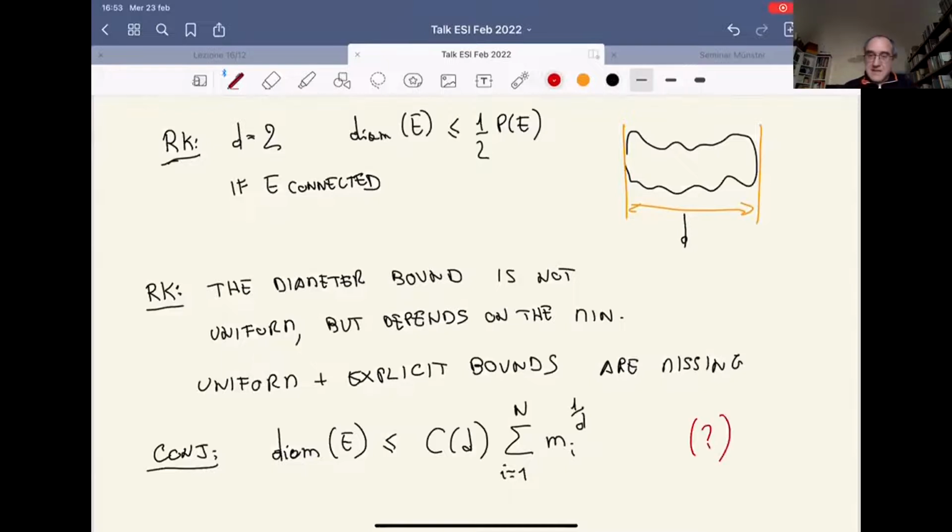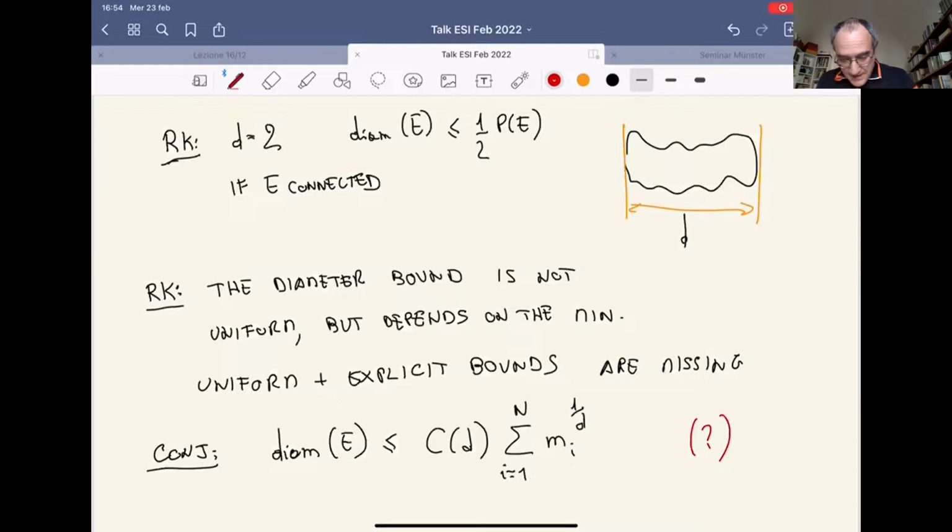Of course, volume to the 1 over D would be the radius of a ball of that volume. You sum all the possible, and it would be interesting and useful to have this type of explicit uniform bounds, but these are not available, except in the 2D case.